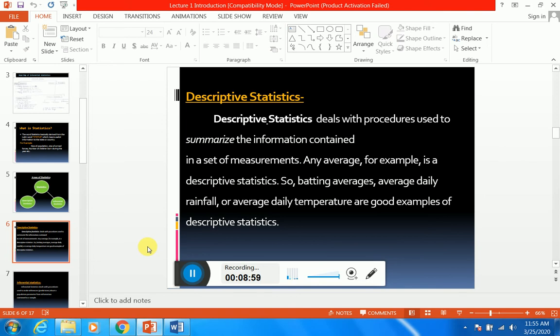Therefore, the definition simply explains that descriptive statistics deals with the procedures used to summarize the information contained in a set of measurements. Or in simple words, we can say descriptive statistics is a science of collecting, organizing, presenting, analyzing, and interpreting numerical facts to assist in making more effective decisions.